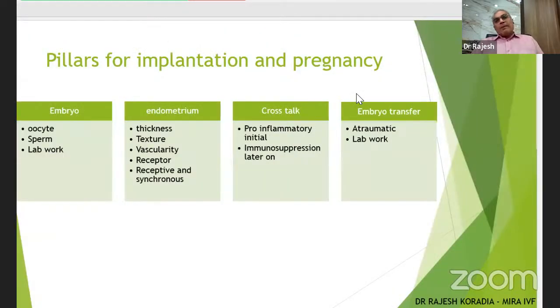What are the pillars for implantation and pregnancy? Broadly, for implantation, the embryo, which is dependent on oocyte, sperm, and laboratory work. The endometrium, where we consider thickness, texture, vascularity, receptor density, and receptive and synchronous development of the endometrium.